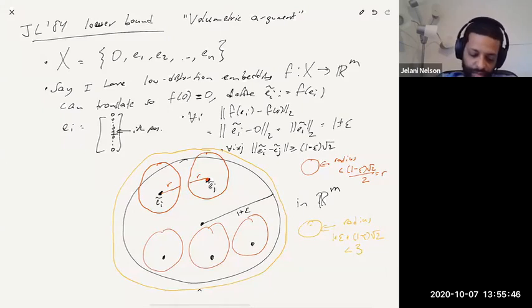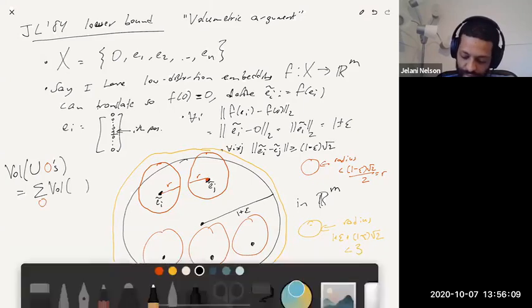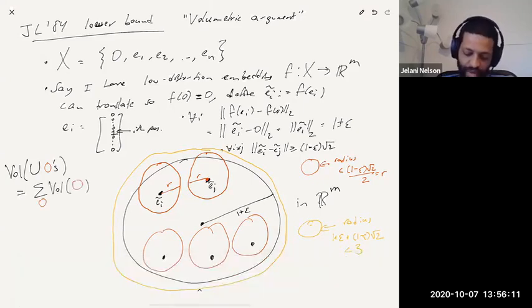The volume of the union of the red balls is equal to the sum over the red balls of the volume of that red ball. This is because the balls are disjoint. Since the balls are disjoint, the volume of the union is the sum of the volumes.